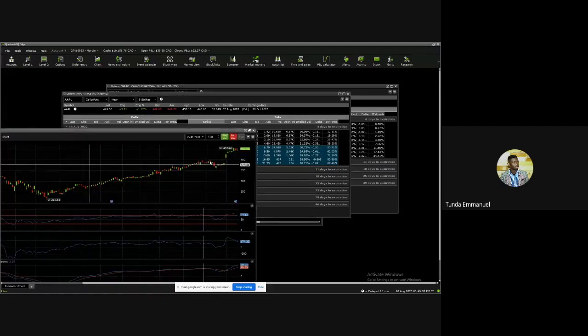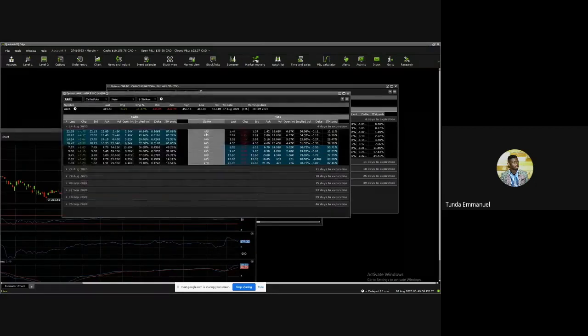For example, right now the stock is trading at 450. If you buy a call at 430, you buy an option which is in the money.